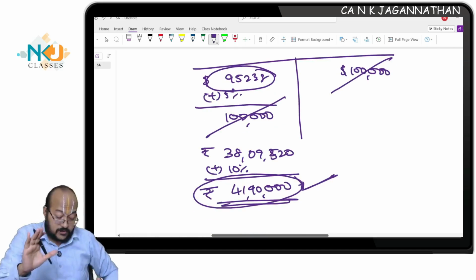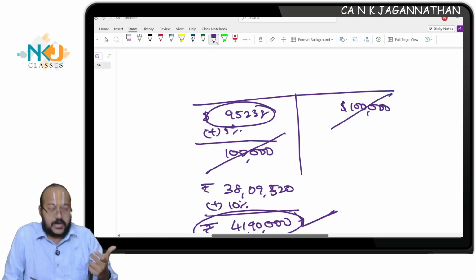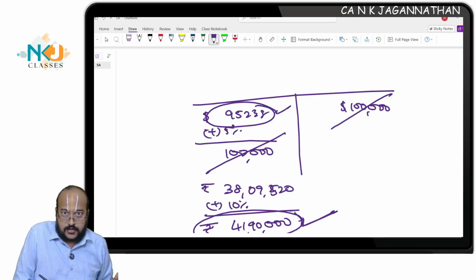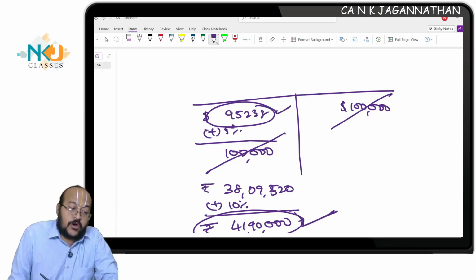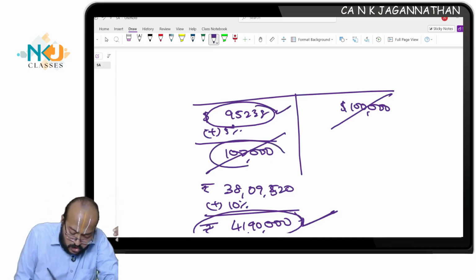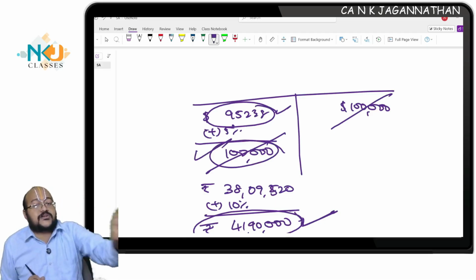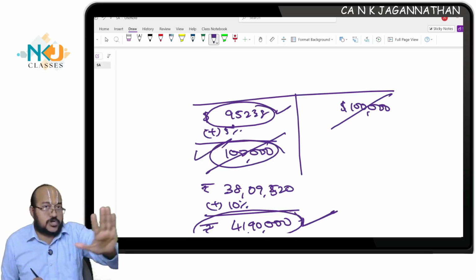Now, the beautiful thing: if you borrow 95,238 today in the foreign country in USD, after 1 year it will mature to 1 lakh. This is certain. Why? Because you are locking in the interest rate. You are borrowing at a specified interest rate of 5% in the foreign country, which is absolutely sure. Are you all understanding?